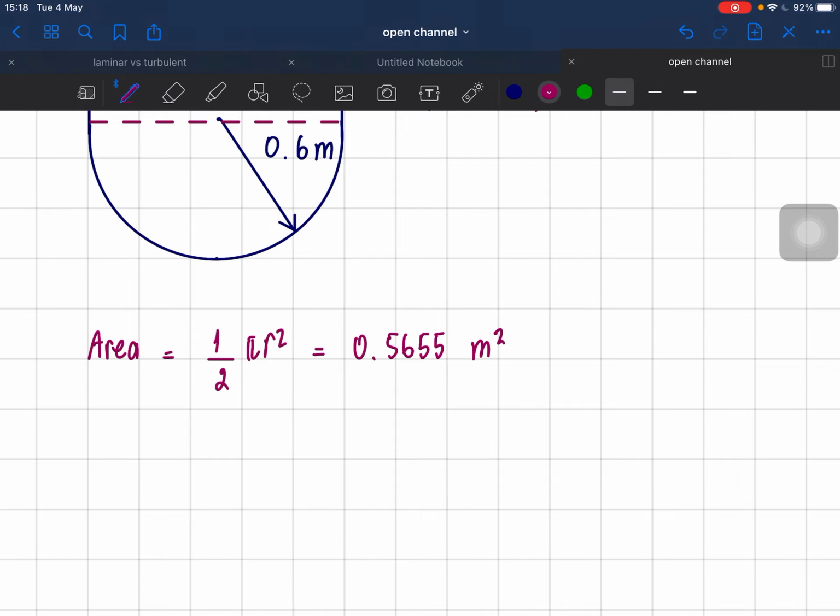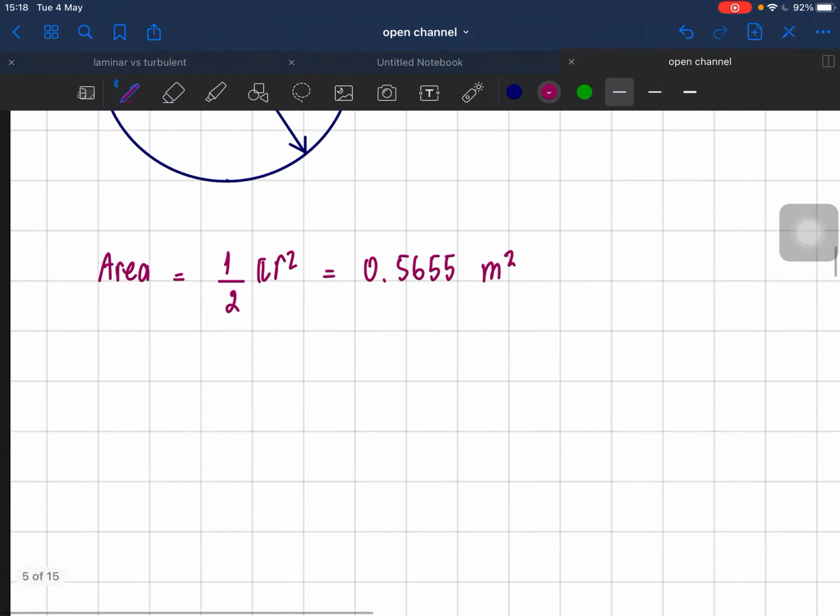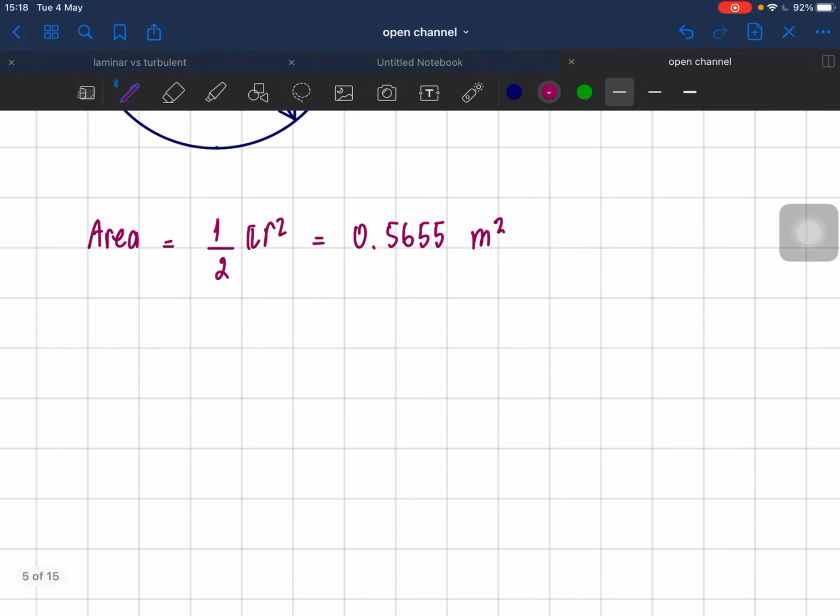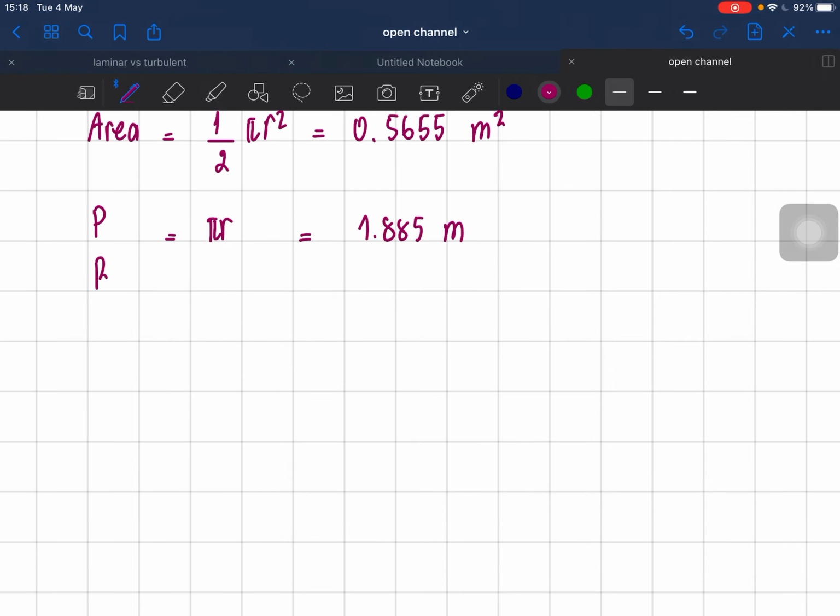0.5655 meter square. And then we can find the P, the wetted perimeter, which is not 2 pi r because it's only half. So P here is only pi r, and it is equal to 1.885 meter. And then we can find the RH, which is A over P. As recommended by the professor, you should compute everything in the final step.